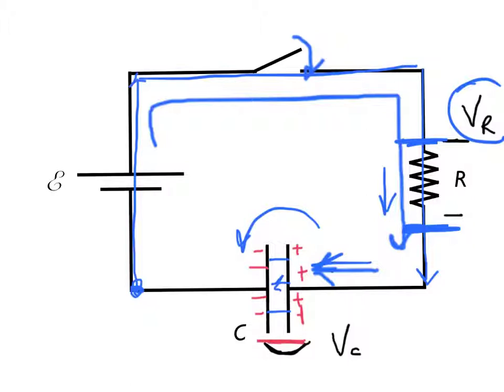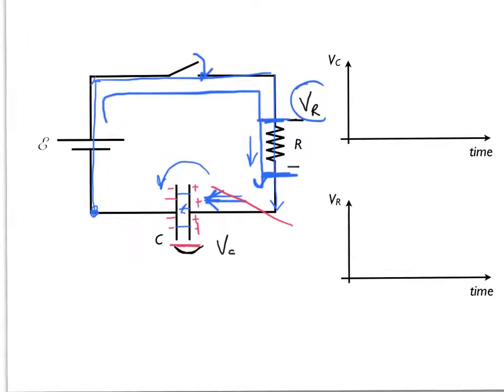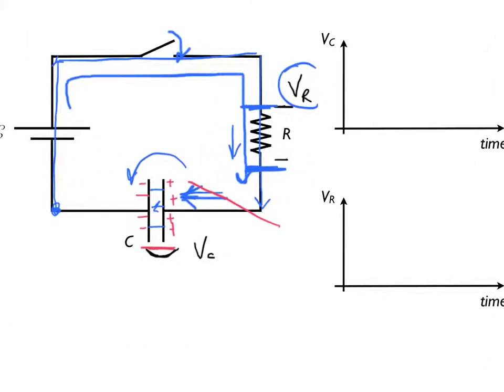So what does that look like? It's going to look like this. If the capacitor starts out with zero initial voltage and it starts to charge, this voltage goes up, but as this voltage goes up, the current falls.